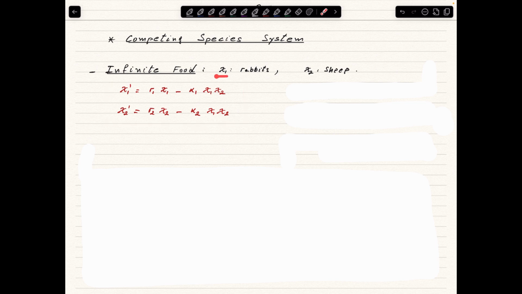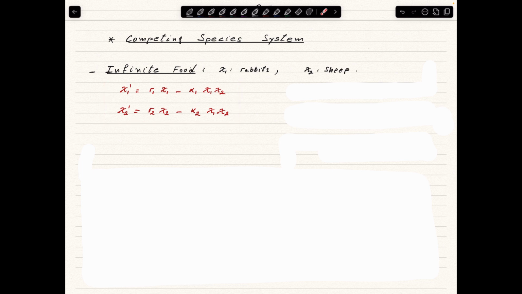Recall the variable x1 measures the population of one of the species, let's say rabbits, and x2 measures the population as function of time of the other species, let's say sheep, and they are competing, these two species, for the same food resources, but the food resources are infinite. So we introduced this system of equations in the previous video.